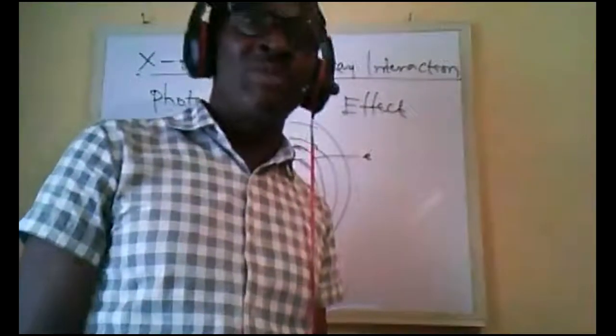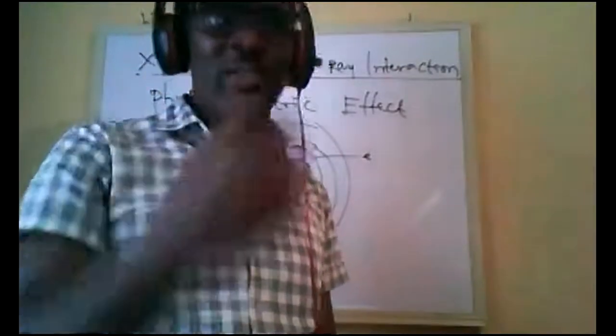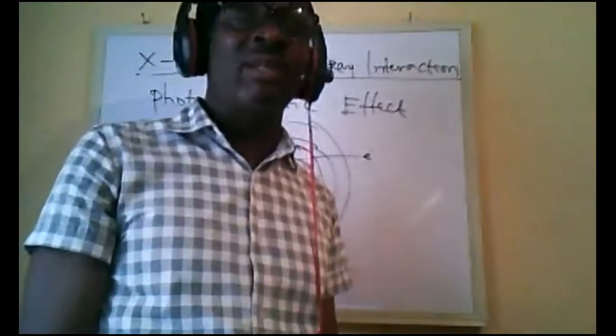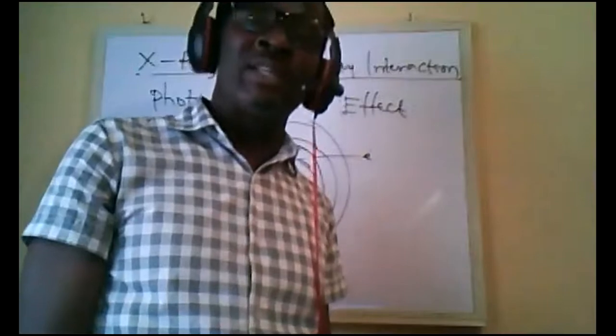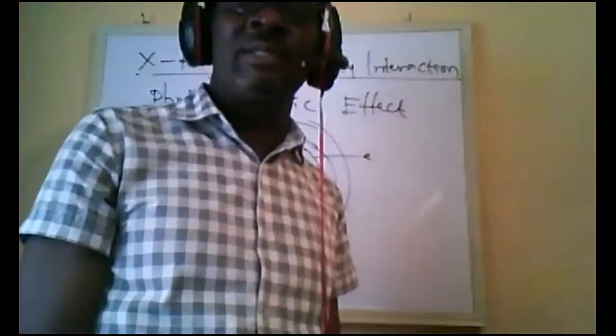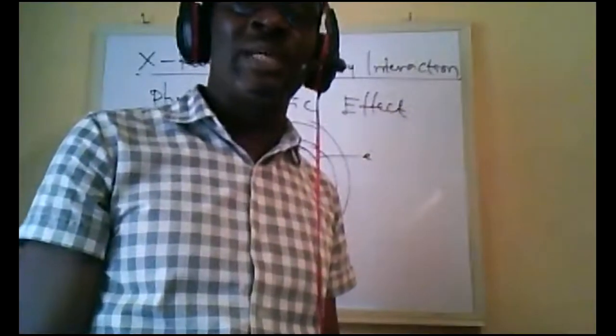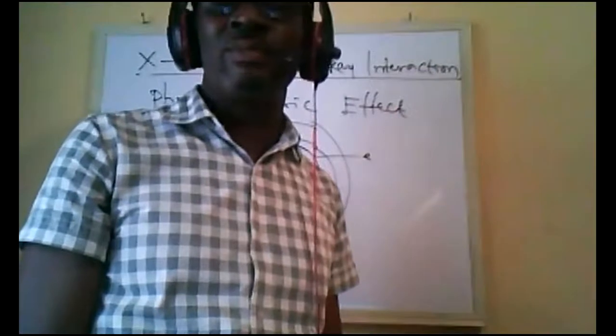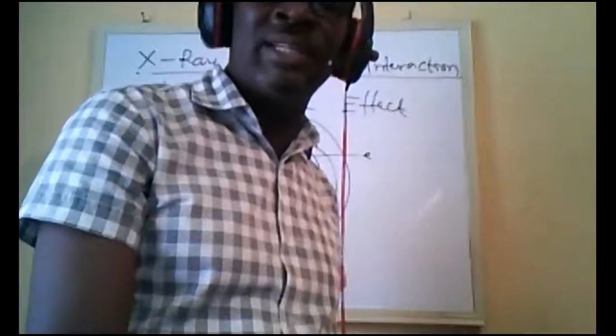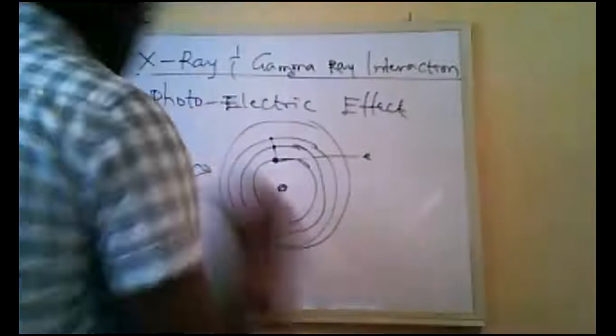You can contact me through your friend that gave you the link. They have my contact, my email address, and my WhatsApp number. But let me give it for those who want to contact me directly.